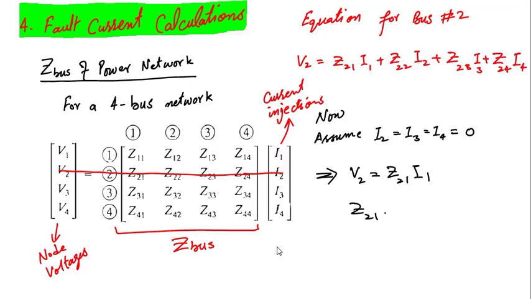That implies that Z21 is equal to V2 over I1, given that I2, I3 and I4, these three currents, are 0. So what is meant by this equation? How to describe it?